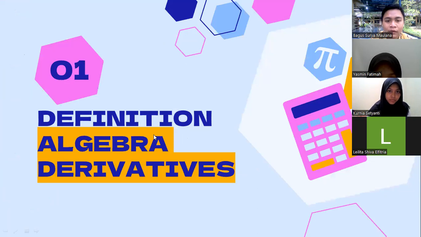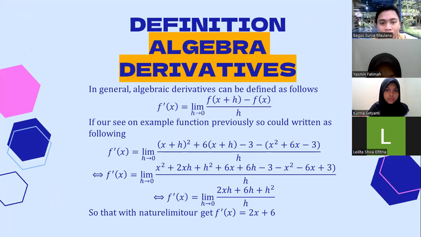If you apply the definition of the algebraic derivative to it in limit form, the derivative of the function is equal to the limit of (f(x + h) - f(x)) over h as h approaches 0.